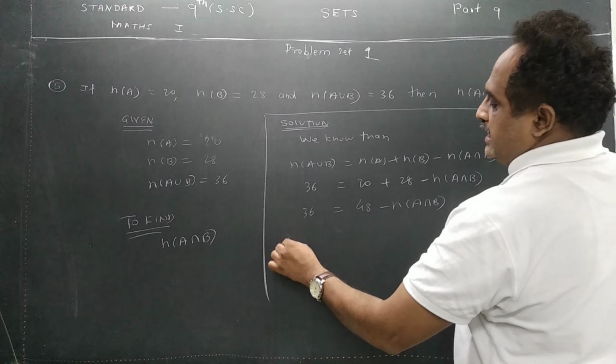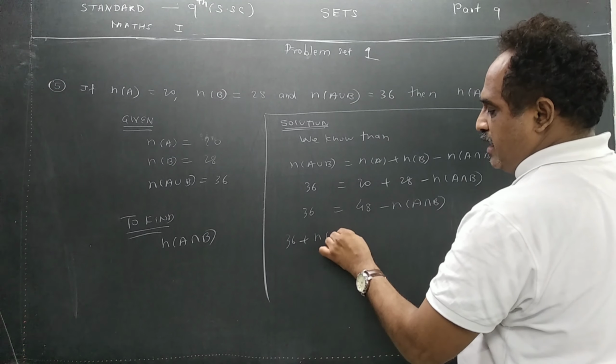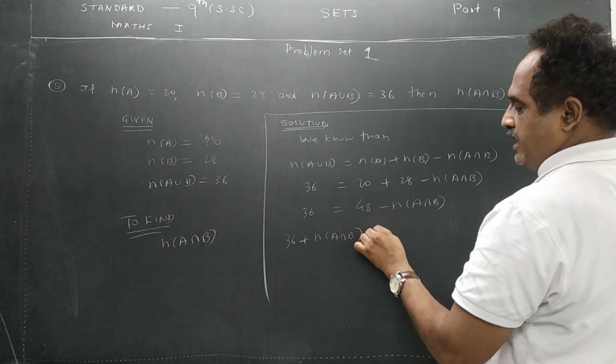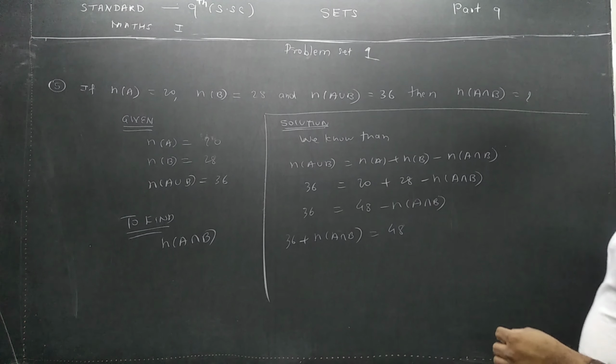We'll do one thing: 36 plus number of elements in A intersection B is equal to 48.